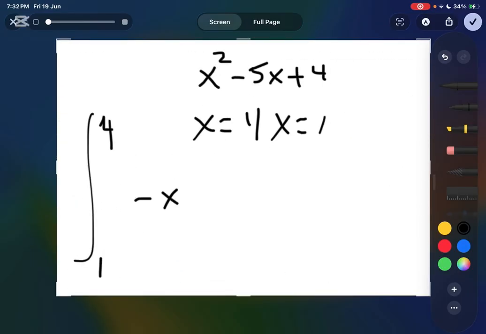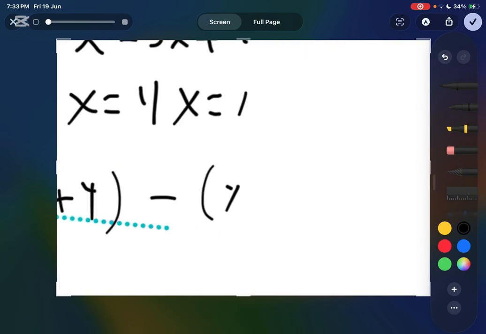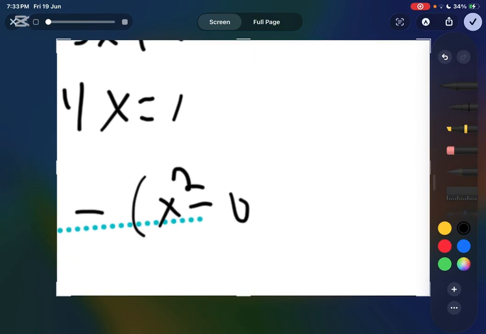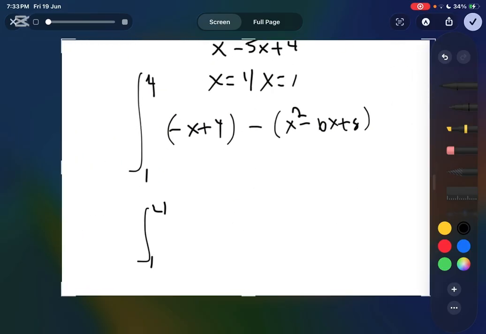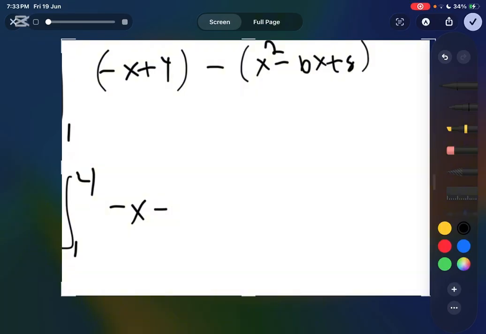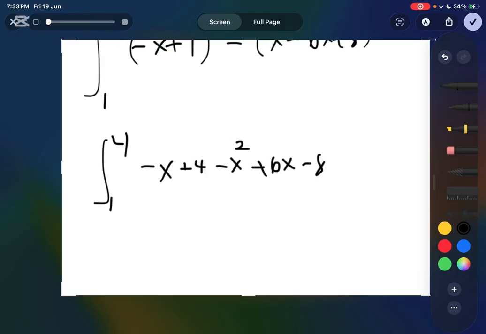So you do minus x plus 4 minus this equation, x squared minus 6x plus 8, with a negative sign. So the integral from 1 to 4 becomes minus x plus 4 minus x squared plus 6x minus 8. Now just put it all in the calculator, or you can continue simplifying.